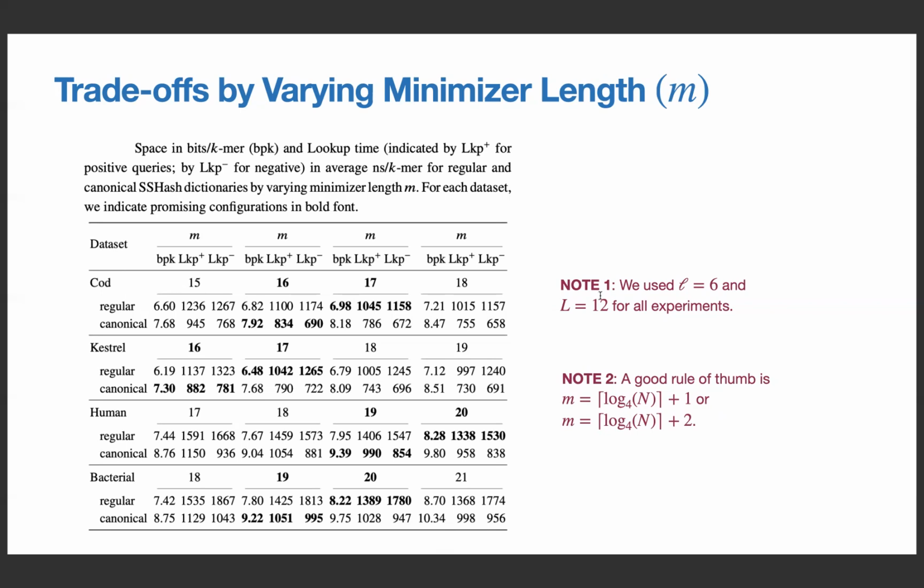As a good rule of thumb, you can always select M as given in this formula. So we take log base 4 of capital N, which is the total number of nucleotides in the string collection. And so I'm going to use as value of M these values in bold.